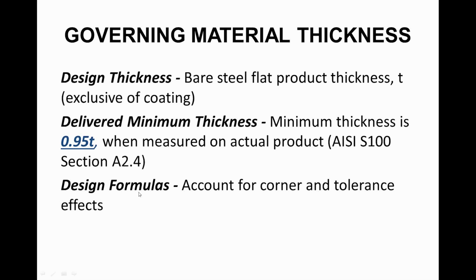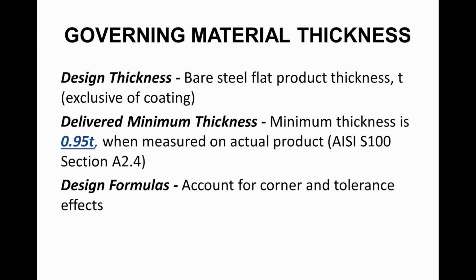Also, as we look at design formulas then, they account for any corner or tolerance effects. And what I mean by corner effects is that when we form the section, we are stretching the material in that corner when we create that corner, that permanent deformation, if you will. And as we stretch the material, the thickness is slightly thinner. But because the equations are empirical, they address that.